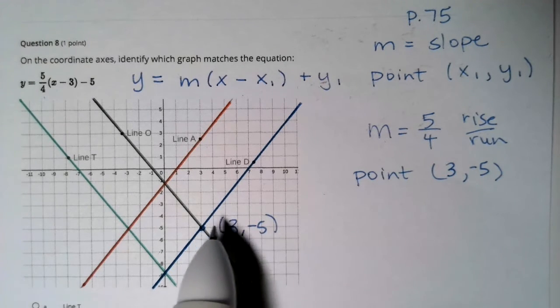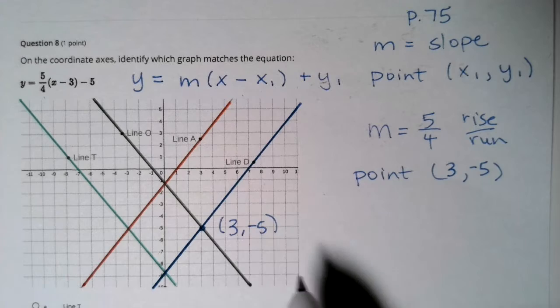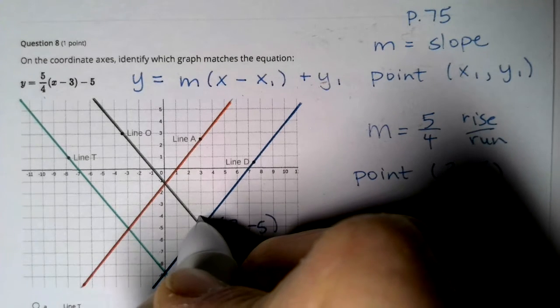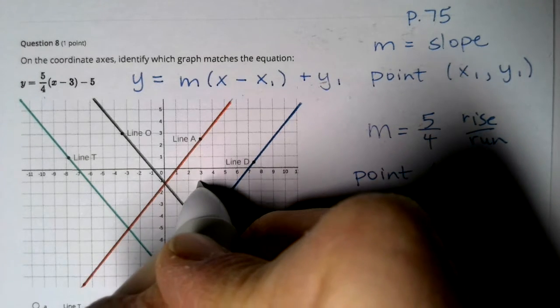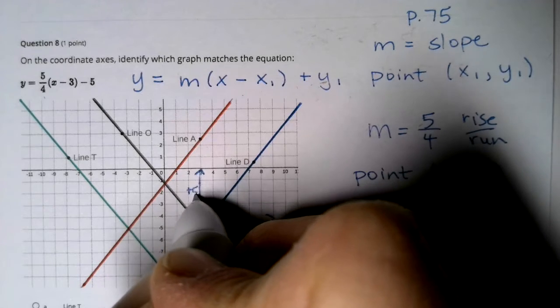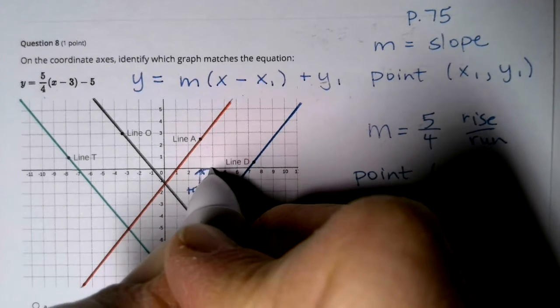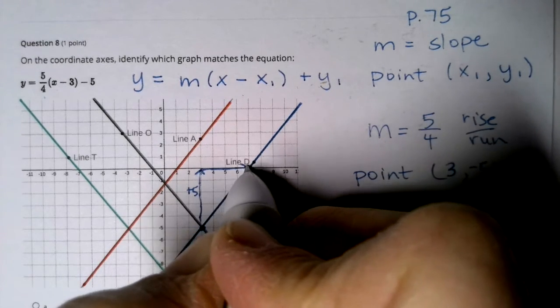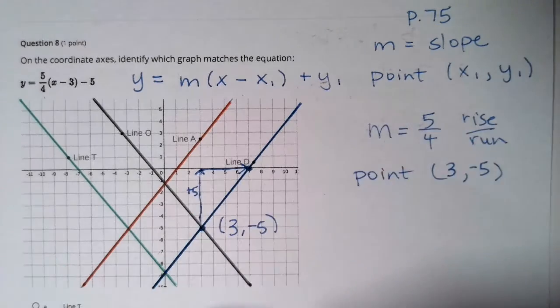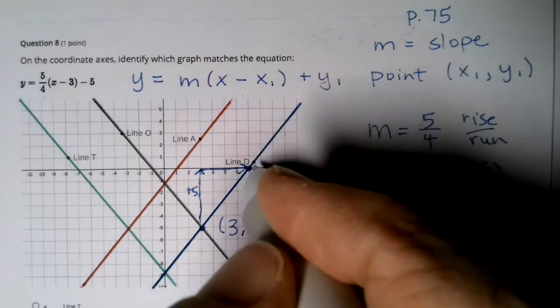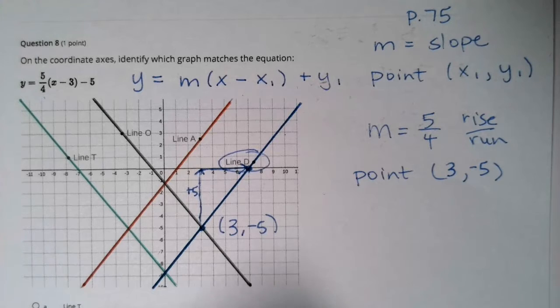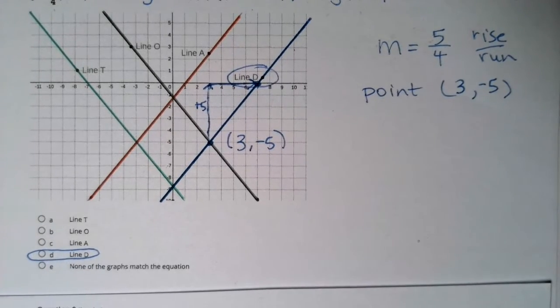And then I'm going to look at my slope. My slope was 5/4. So if I go up 1, 2, 3, 4, 5, that's a positive 5. And then I go to the right 1, 2, 3, 4. I end up right here. So I am on this blue line, or line D, which is choice D as I look at my answer. Oops, sorry, couldn't see that.